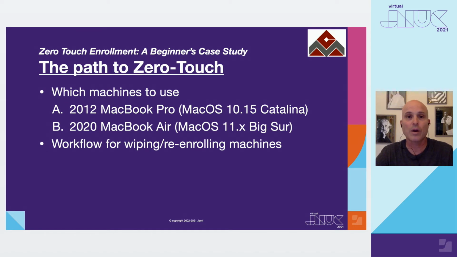We are going from what our old model was to now using recovery mode to re-enroll a machine, start with a fresh, current OS, and it works pretty well. So that's where we started. We tested initially with those 10.15 Catalina machines that were 2012 MacBook Pros, and then once we got things down with that, we moved on to some new 2020 MacBook Airs.